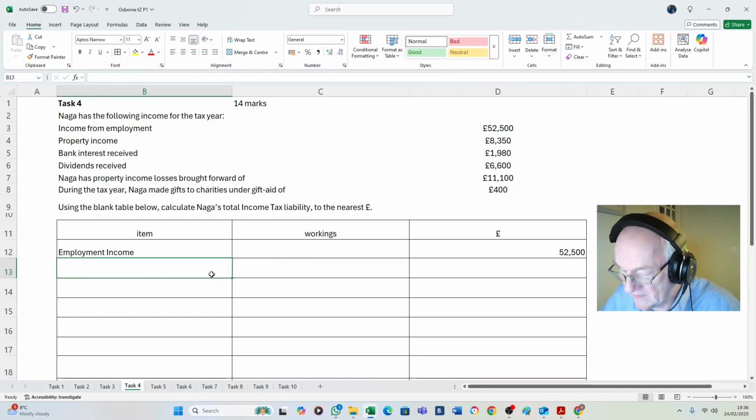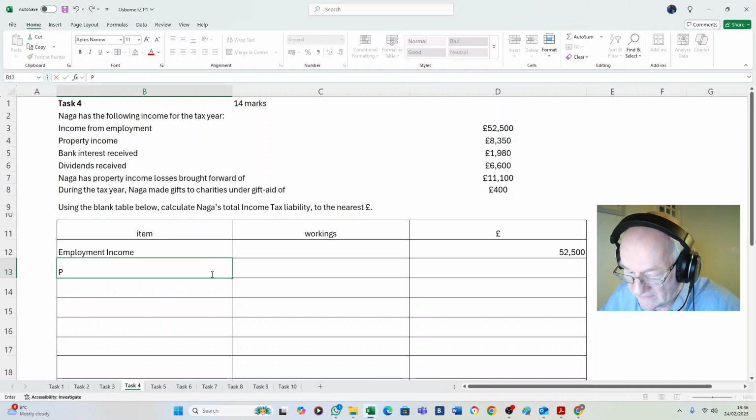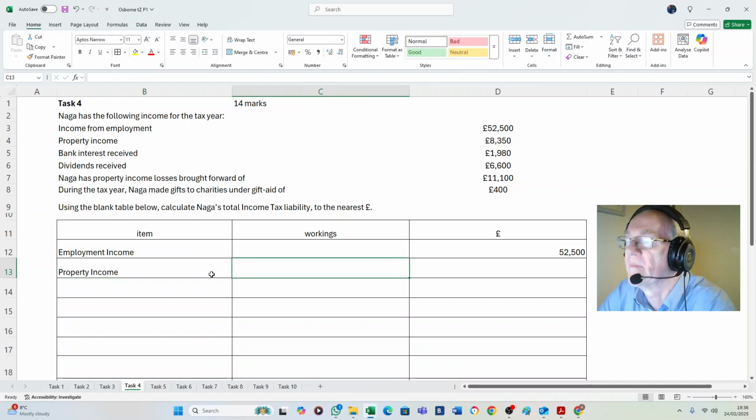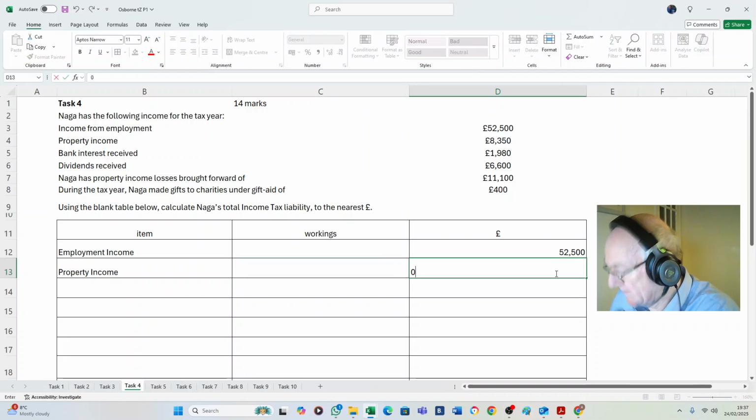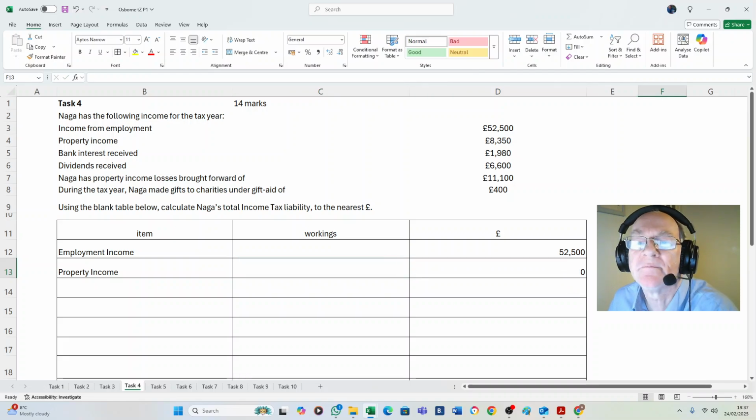Then we've got to do her property income. Now we're going to need to do some workings out there, because she's got property income of 8350. Property income losses brought forward are more than that. So that's the easy one. It's just 0. It can't be a minus figure.